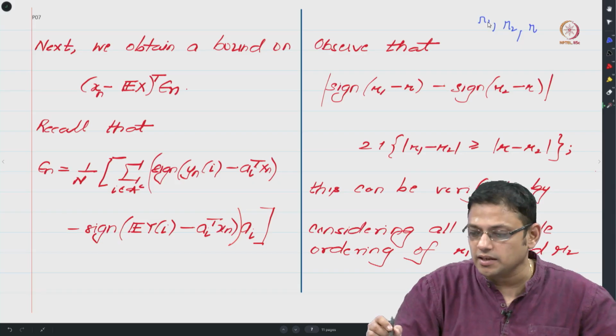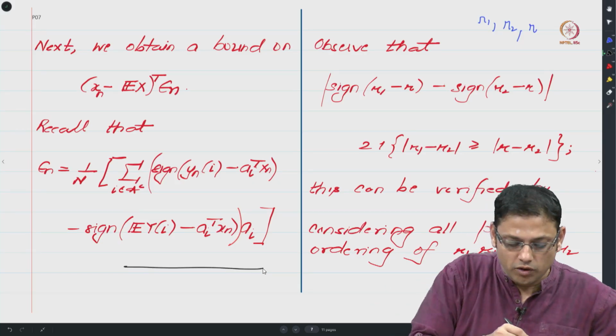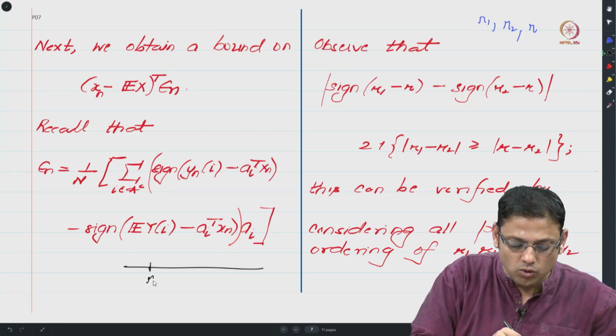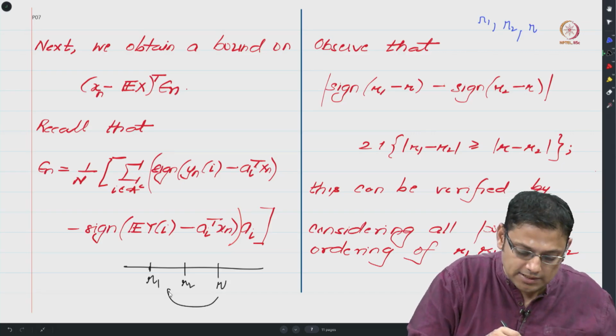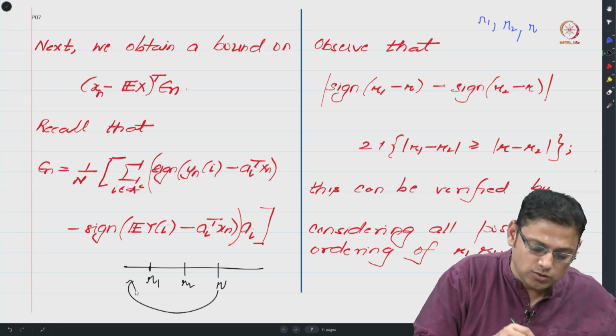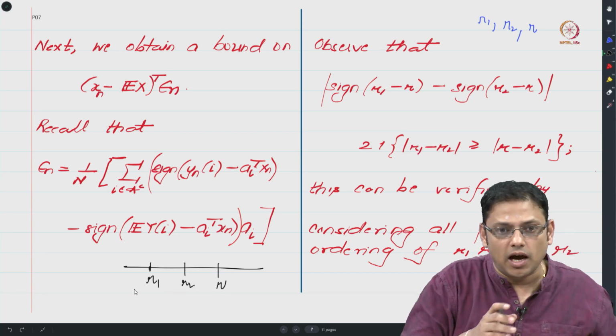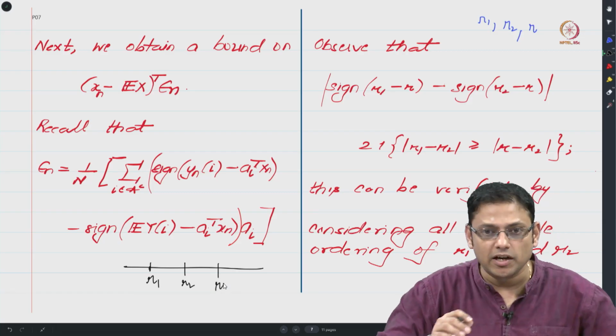Since they are 3 real numbers, if I try to draw the real line, you could have maybe R1 here, maybe R2 here, maybe R here, and in a different scenario R could be sitting over here, or maybe in a different scenario R could actually be here. So in other words, your R1, R2, R could come up in different orders.